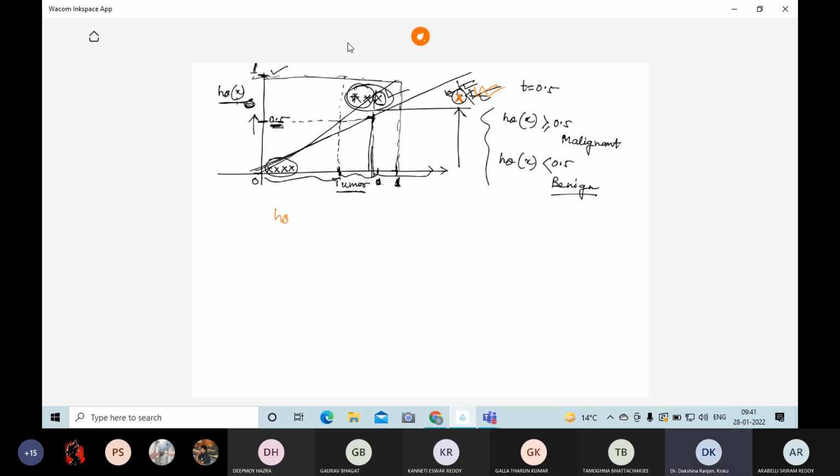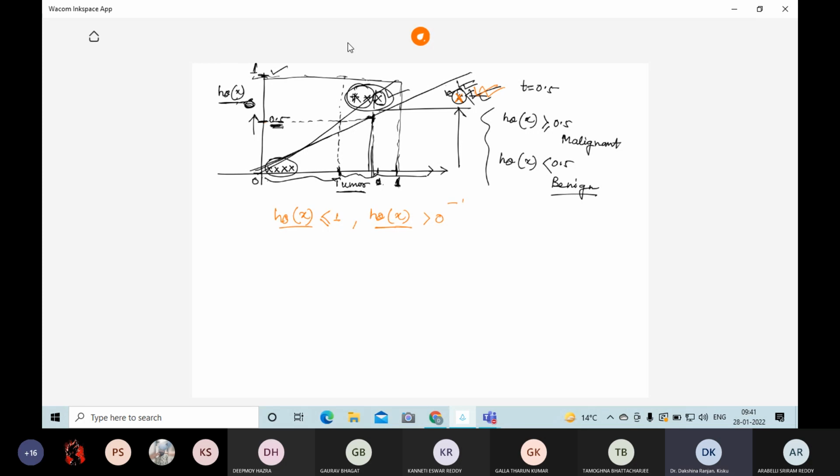What happens here is that h theta x is not always found to be less than or equal to 1, and h theta x is also not always found to be greater than 0. That means h theta x may be found as negative, or sometimes may be found as more than 1. Now how to deal with this problem?